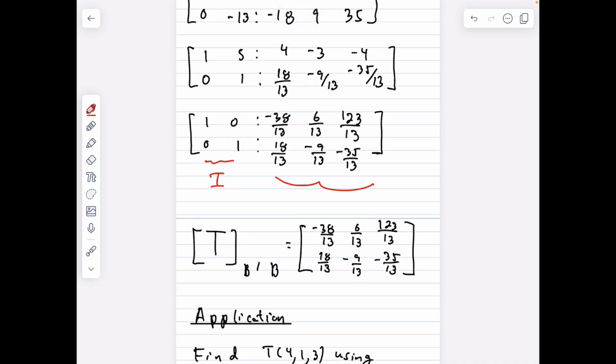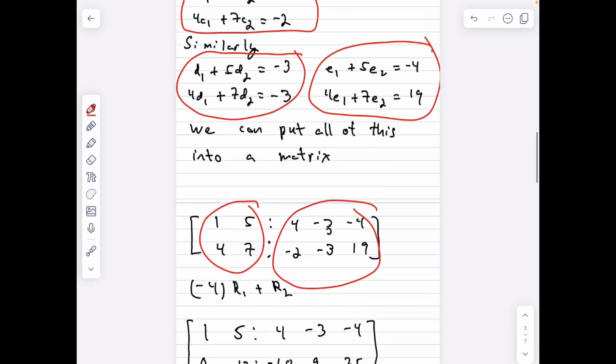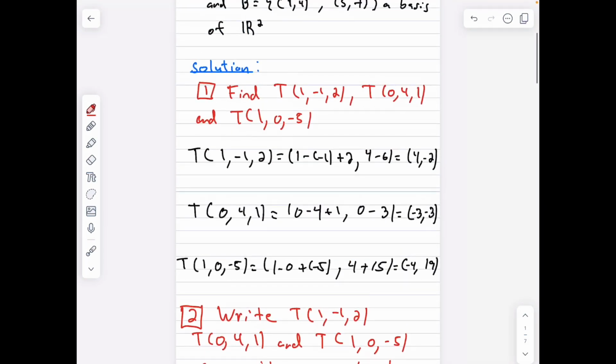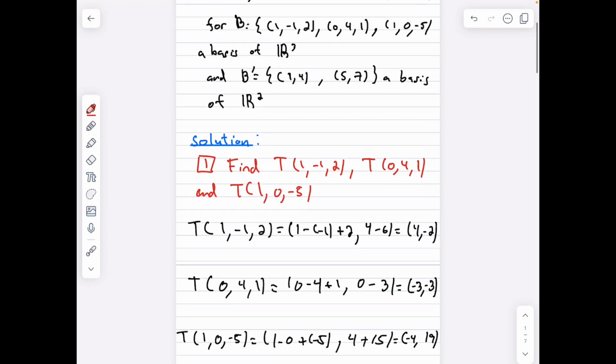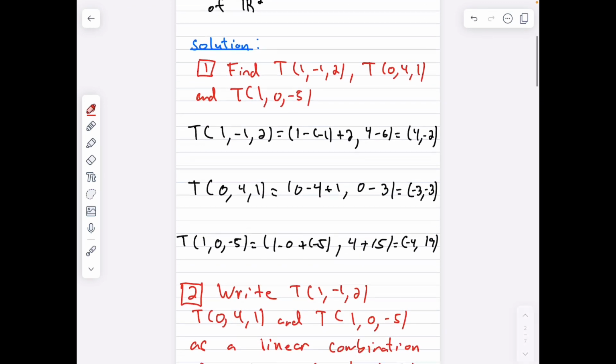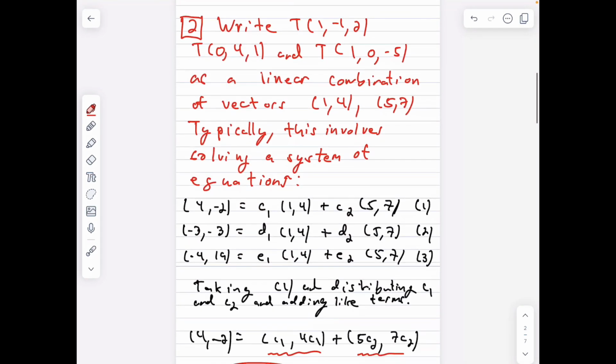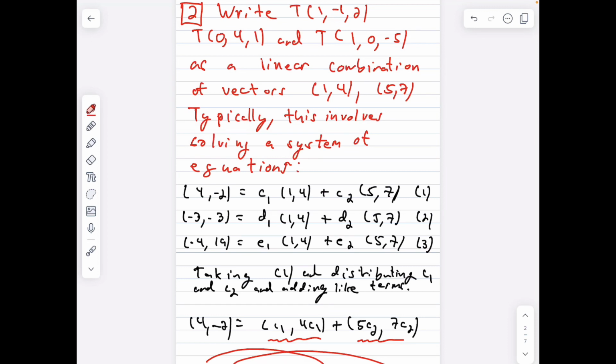So going over the main steps here, you're going to take each of your basis vectors for your domain, put them into your transformation, and you're going to get some outputs. Each of those outputs you need to write as linear combinations of the basis vectors for your range space, which we say is W here.